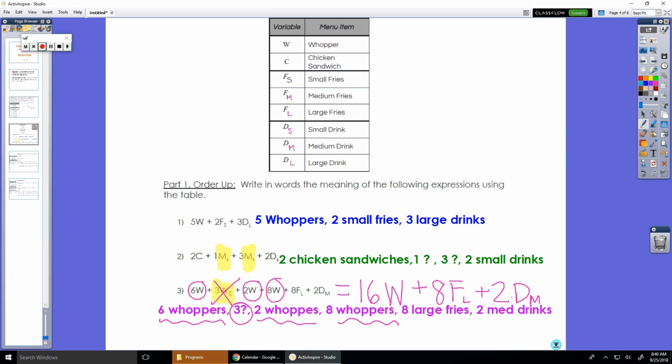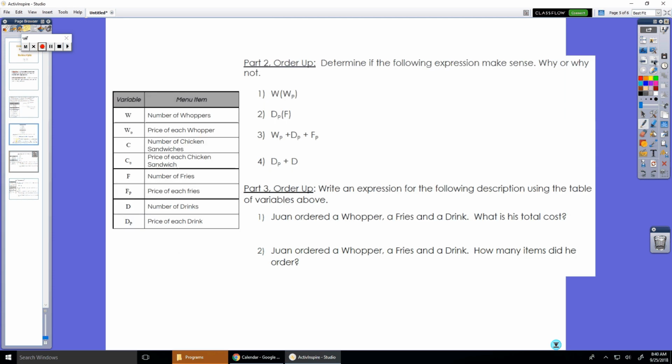Okay? So then on your next page, we have part 2 on page 39. So here you're really going through and you're double checking if things make sense. As you read them, you're going to identify, is this something that we can do? So let's look at number 1. W is the number of Whoppers.